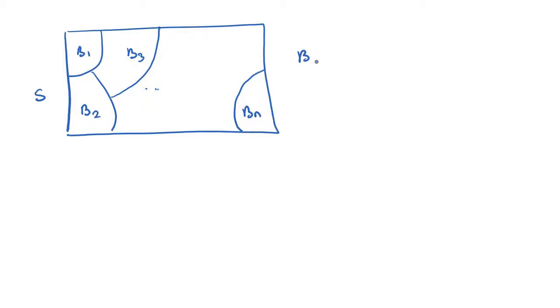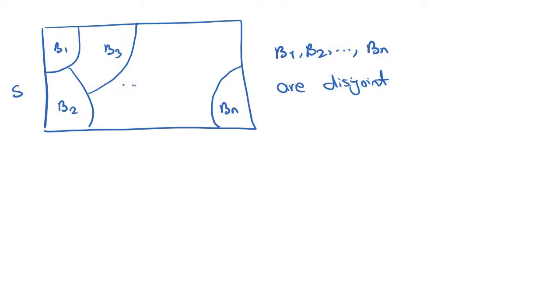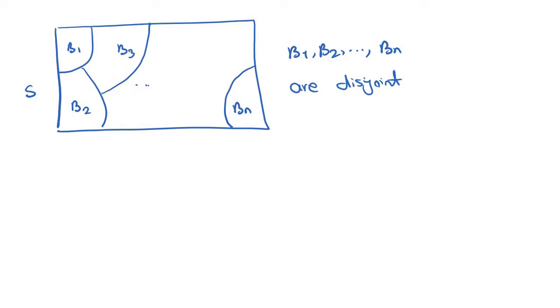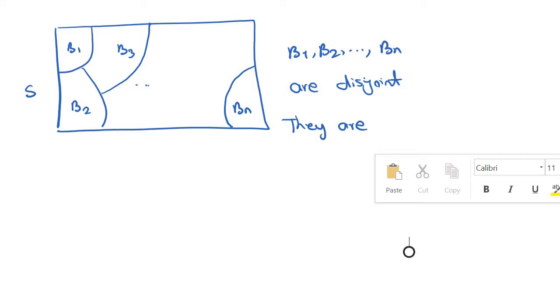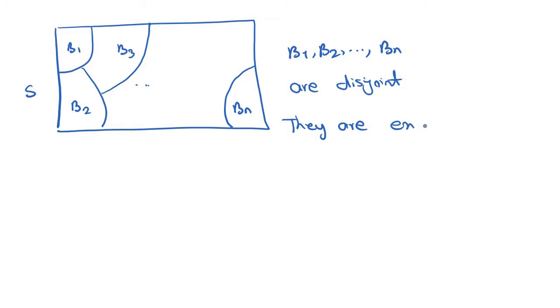So we say B1, B2 to Bn are disjoint, and also they are exhaustive, which means they cover the whole sample space.